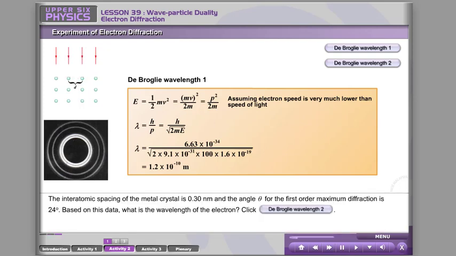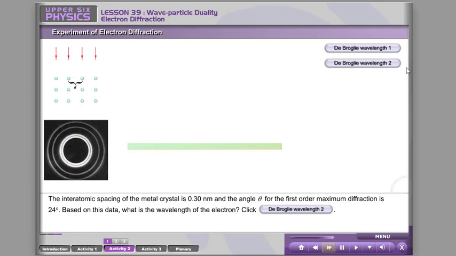The interatomic spacing of the metal crystal is 0.30 nanometers, and the angle theta for the first order maximum diffraction is 24 degrees. Based on this data, what is the wavelength of the electron? Click the de Broglie wavelength 2 button.